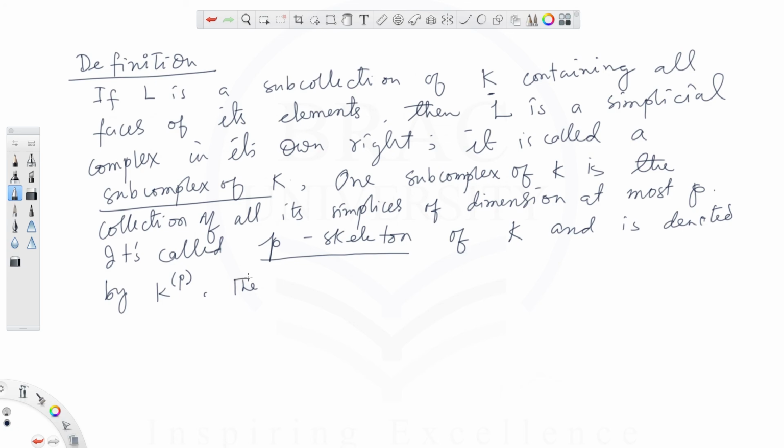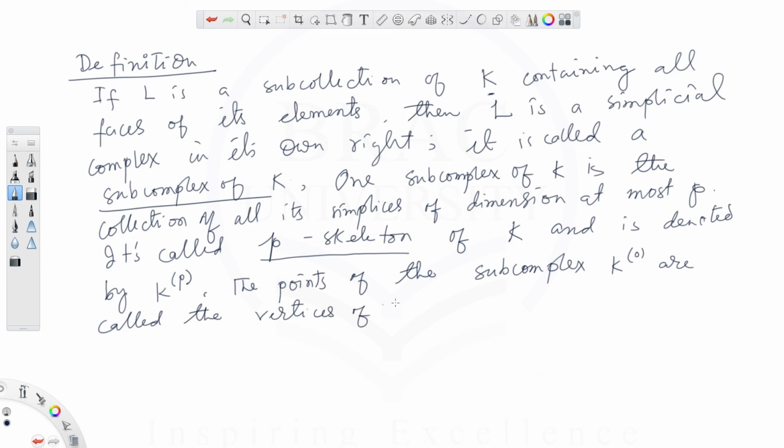The points of the subcomplex K_0 are called the vertices of K.